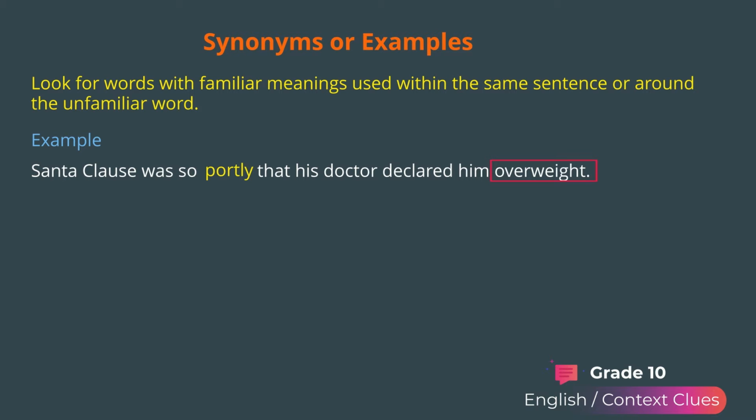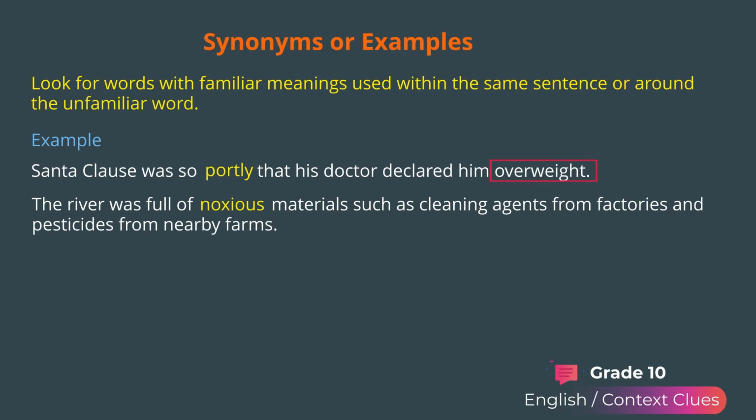An author might give examples of a word to provide the reader with the idea of what the word means. Another example. The river was full of noxious materials such as cleaning agents from factories and pesticides from nearby farms. The words such as let us know an example is coming.